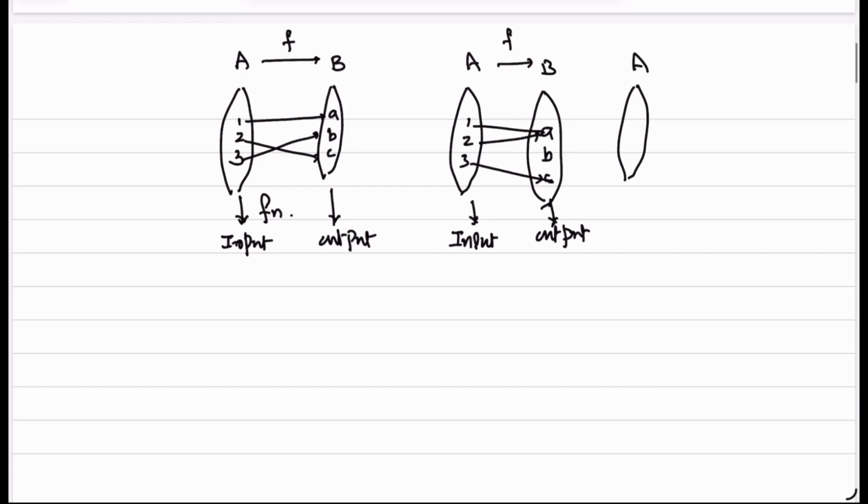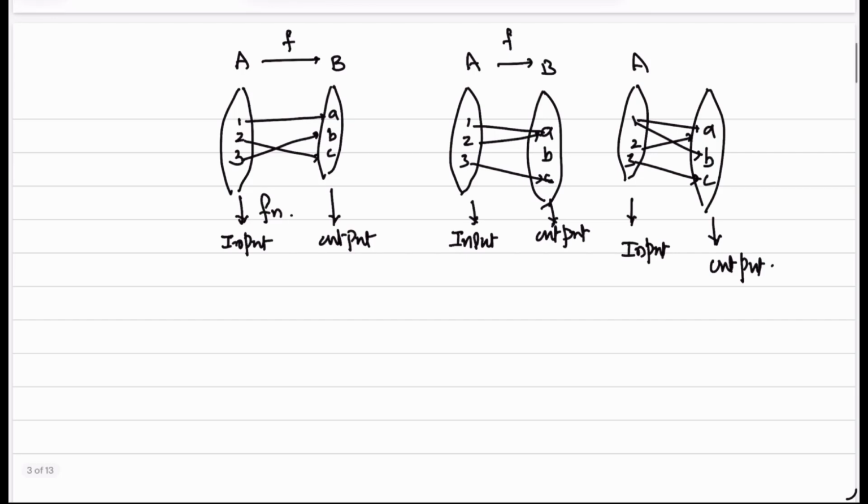Now here A, 1, 2, 3, and here it is A, B, C. One is A and one is B, 2 is A and 3 is C. That means a single input in A, that this is not the function.